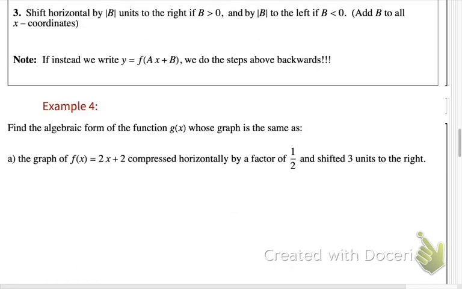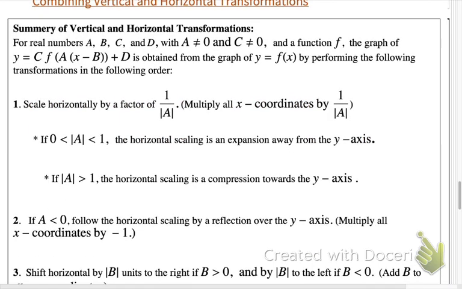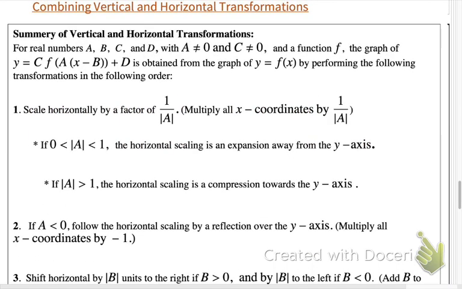Scroll down to the bottom. So all the steps together, there would possibly be 6 of them, if we were talking about a resulting function whose equation was, I'll highlight it, y equals c times f of a times x minus b plus d.